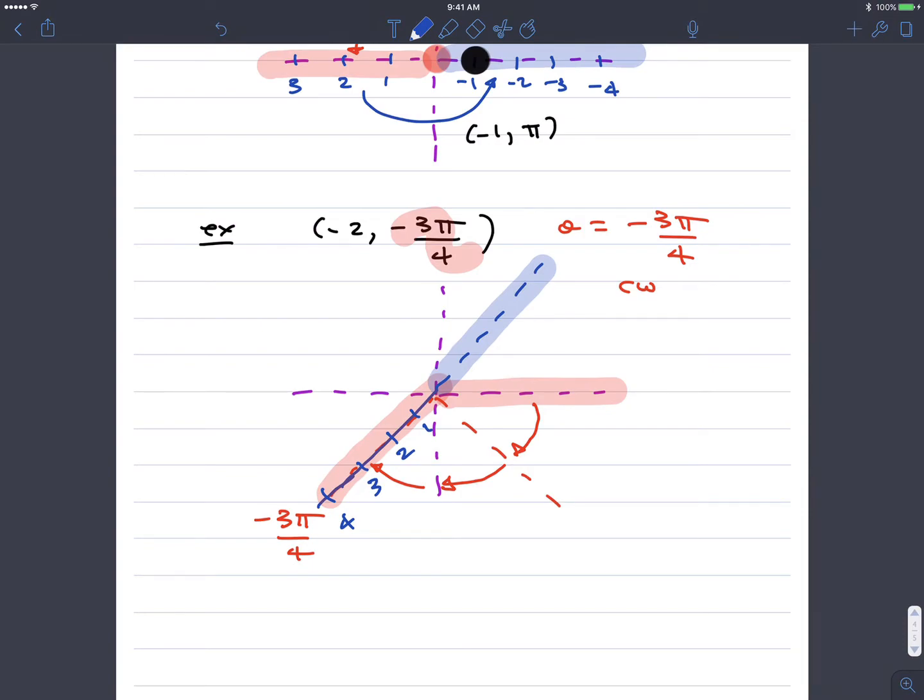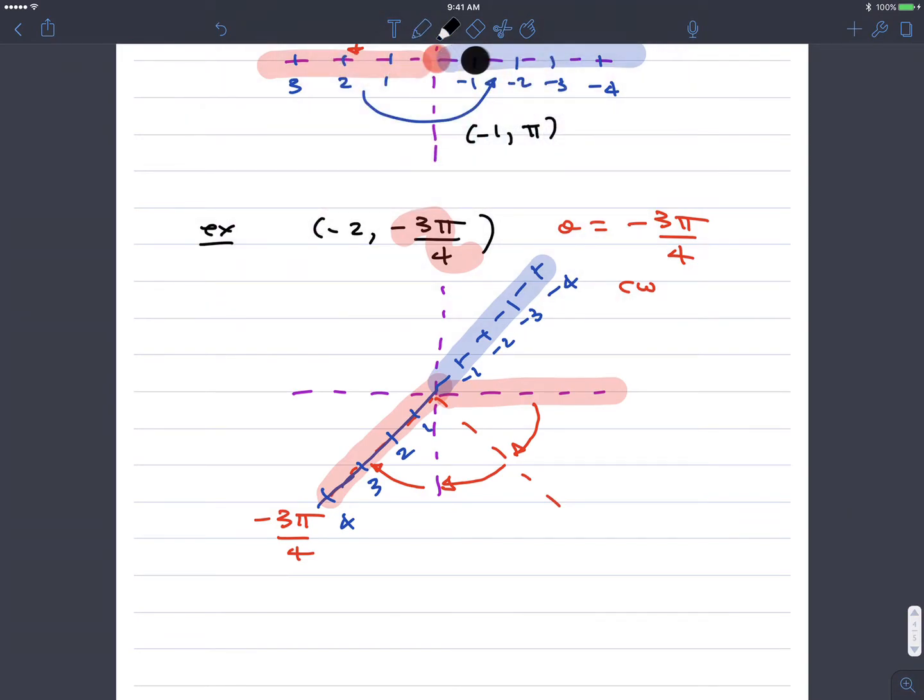They're going to be here. So I want you guys to think of it this way. This radius here is -1. This radius is -2. This radius here is -3. This radius is negative 4. It's opposite. Where do I put my dot?